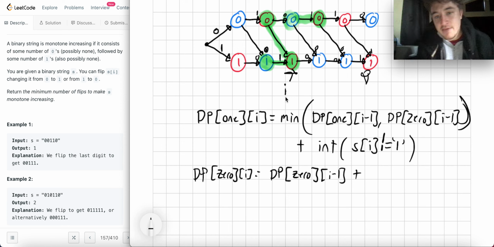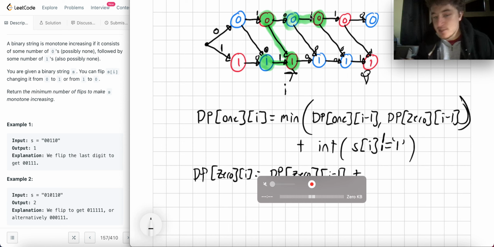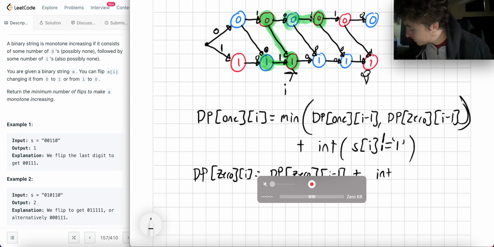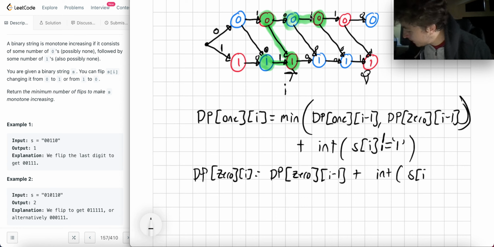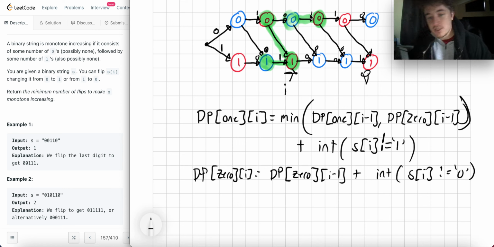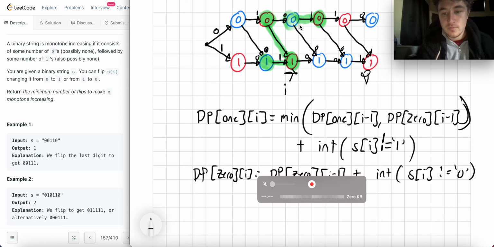And the same thing: if I had to flip the bit to get here, it's going to cost 1. So I'd say plus int of s[i] not equal 0 in this case, right? Because if it doesn't equal 0, we had to flip to get 0. Okay? So these are our two states.